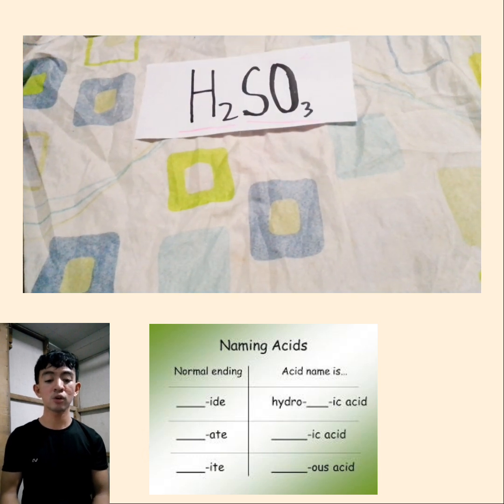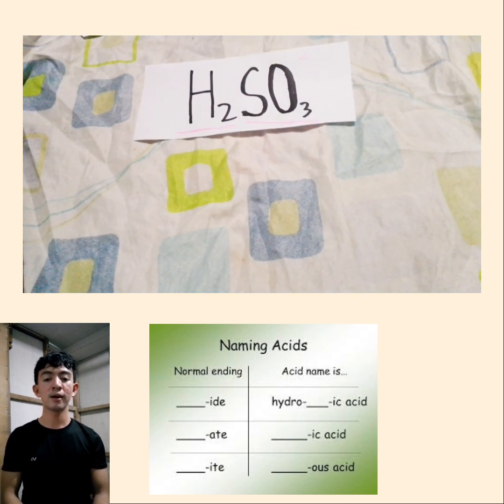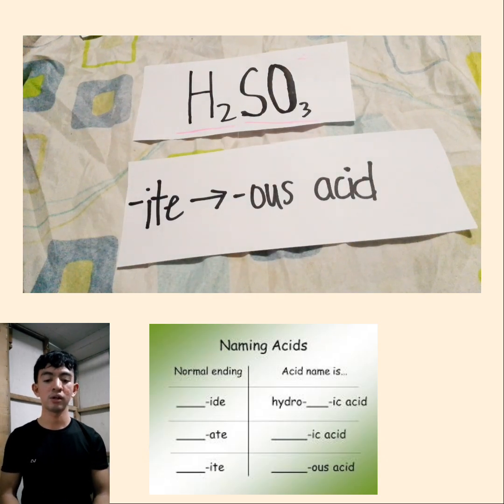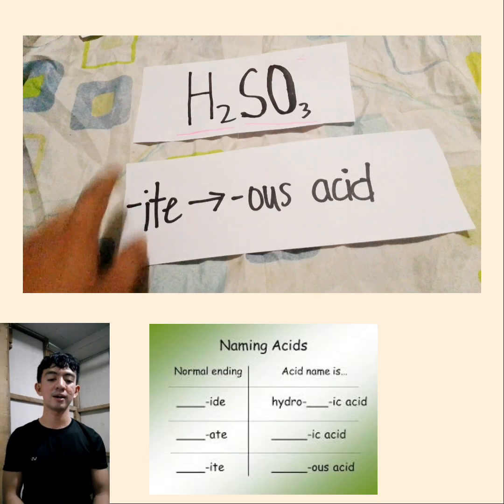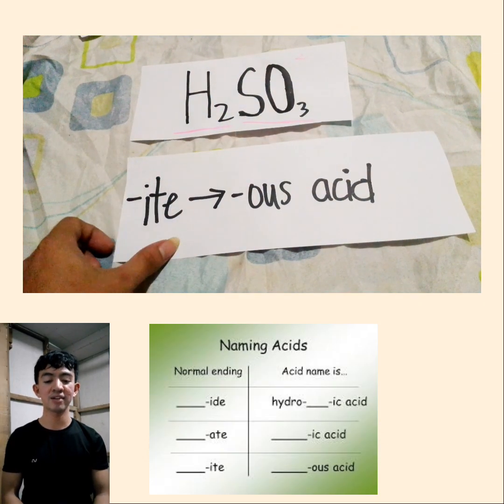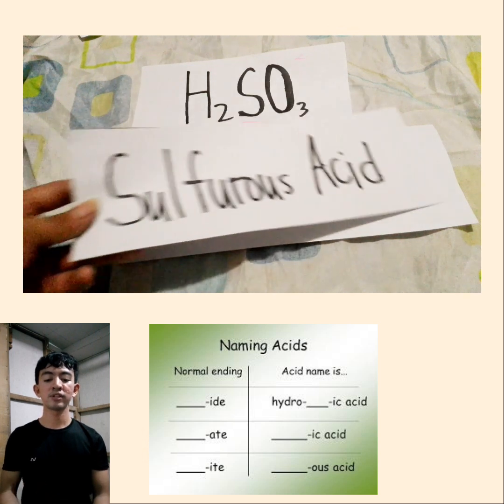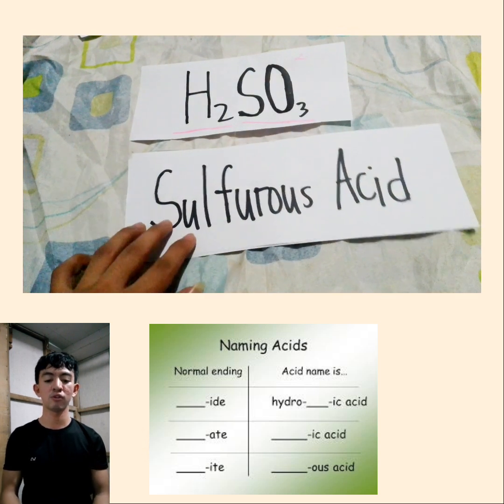SO3 stands for sulfite. Therefore, it is the polyatomic ion with the second most number of oxygen. Since it is sulfite, we need to change the ITE into OUS acid while keeping the base name sulfur. So the name of this acid will be sulfurous acid.